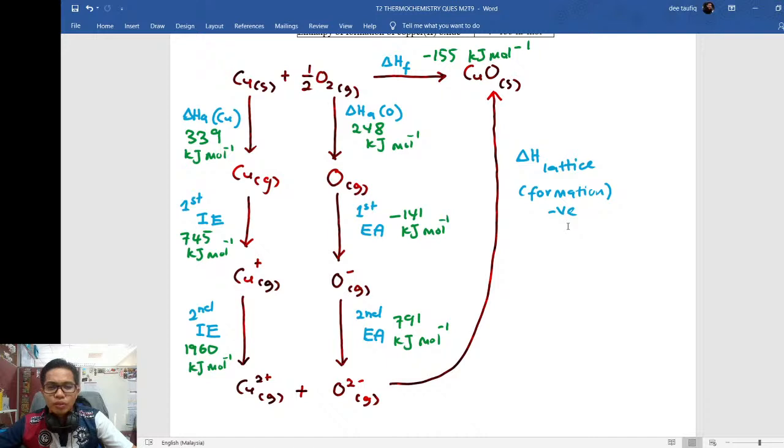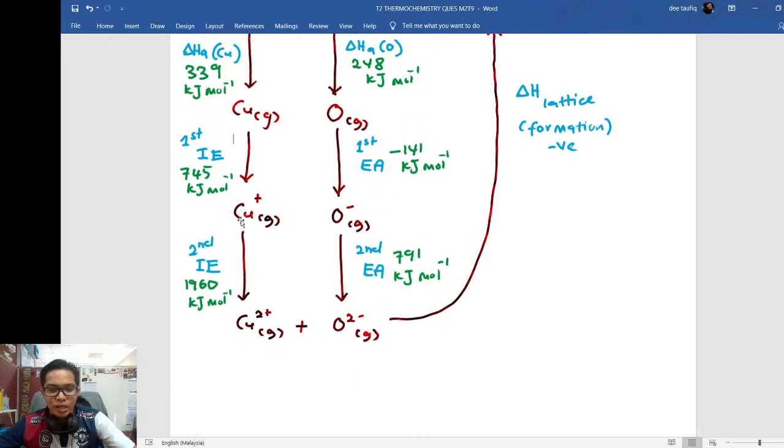Okay, so based on this cycle, delta HF should be negative 155 equal to the sum of the rest of our enthalpy. Delta HF equal to the sum of atomization Cu, atomization O, first IE, second IE, first EA, second EA and lattice.